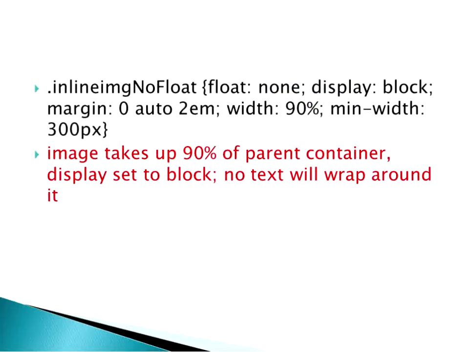Now we're going to create one, inline image no float. And the image takes up 90% of the parent container, or 80% as I drew on that blank page. And the display will be set to block, so no text will wrap around it. All right. So let's go to Dreamweaver.